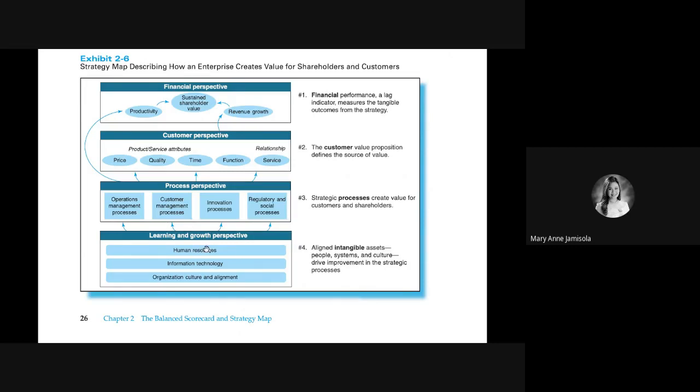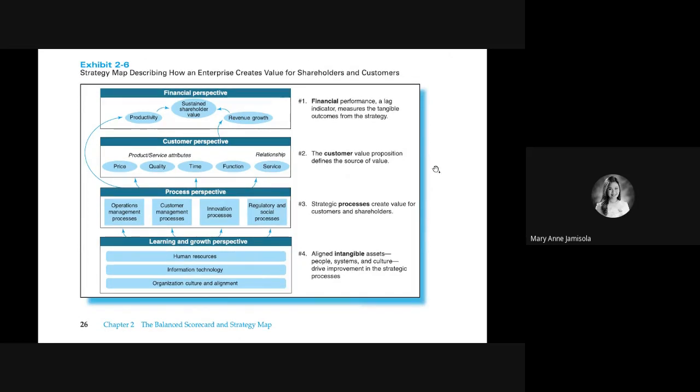Here we include our trainings, skills upgrade. And then systems, instead of manual processes, we can use information technology. And then for culture, organizational culture and alignment, which drive improvement in the strategic processes. Okay. So this is our strategy map. Example of a strategy map.